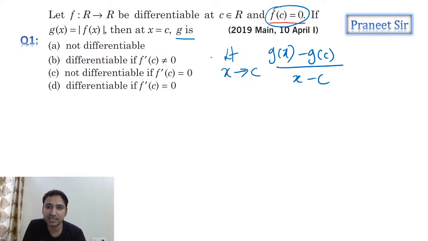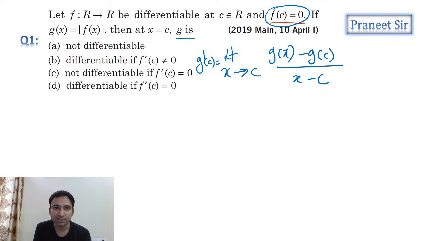This is nothing but g dash c only, guys. If this exists finitely, we can say that g dash c exists. That means it is differentiable at x equals c. That means the left hand limit and right hand limit should be equal. Then we can say that it is differentiable at x equals c.